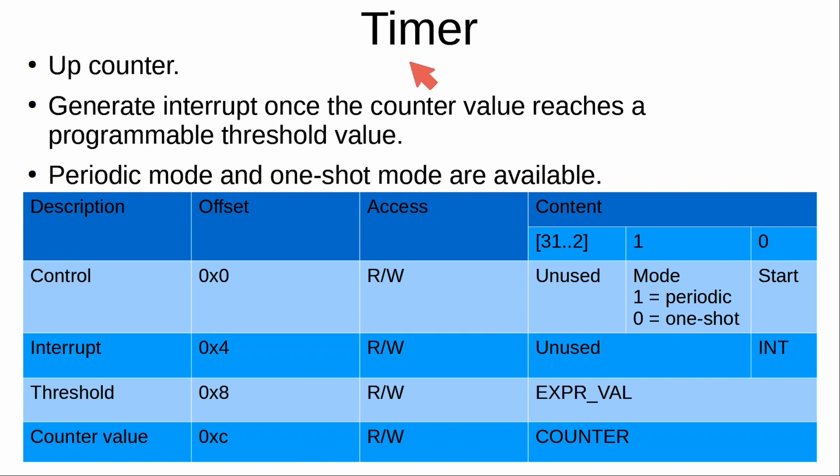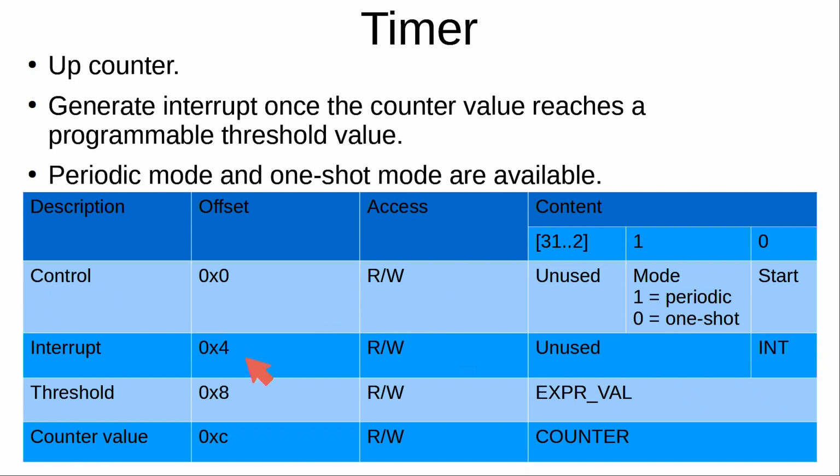Next, we have the timer. The timer is an up counter. It generates an interrupt once the counter value reaches a programmable threshold value. So this is the threshold value. And we can have periodic mode or one-shot mode, which is settable in this control register.